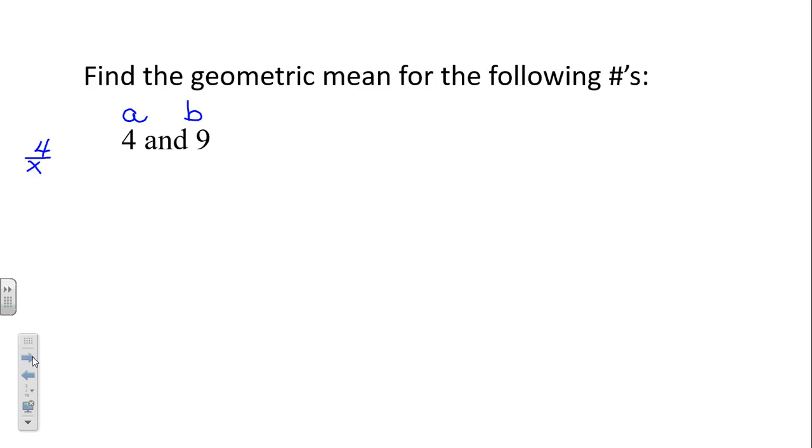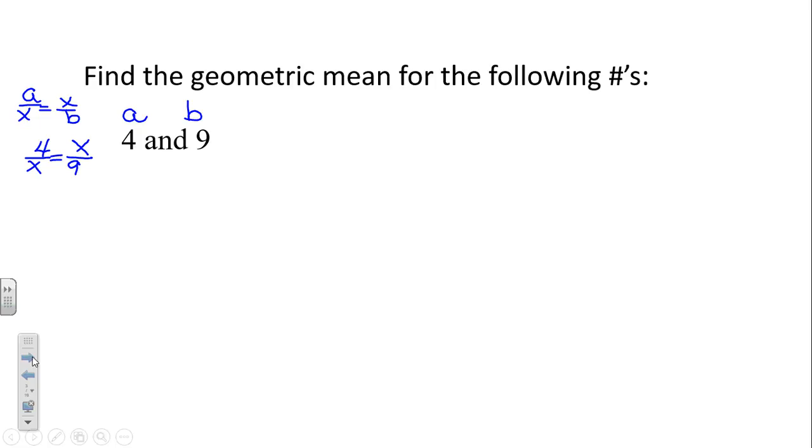Four over x, careful, equals, so remember it was a over x equals x over b. So if it was 4 over x, then x is still up here, right? The 9 gets to be in the basement. x over 9. So far so good?